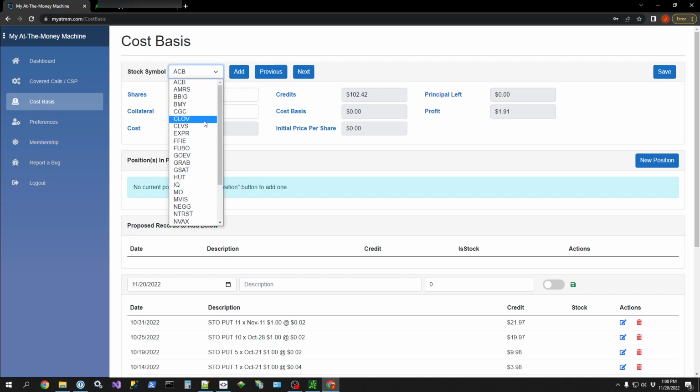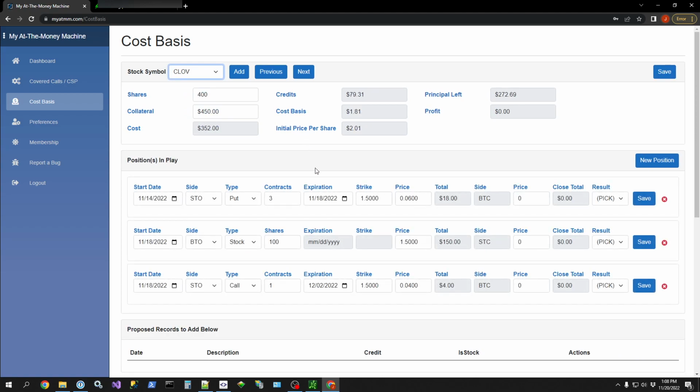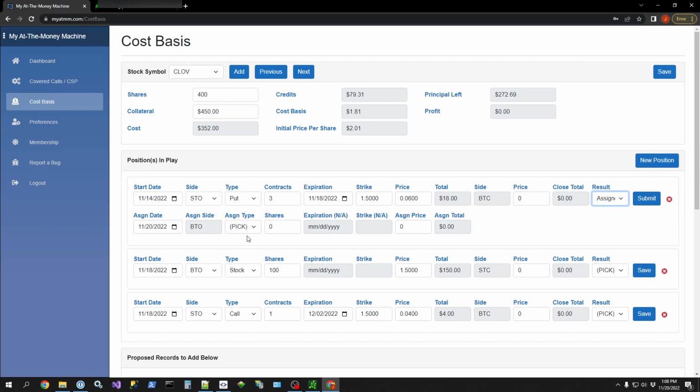So the first one is this symbol. All right, I was assigned on 3 of them. So it'll be 300 shares. The assignment price was $1.50.